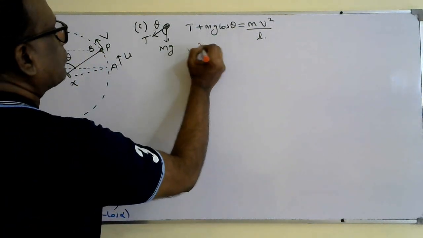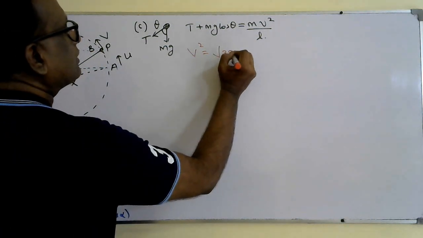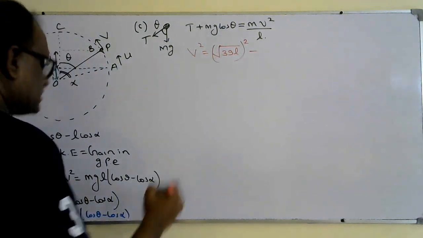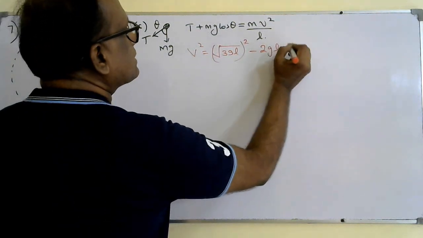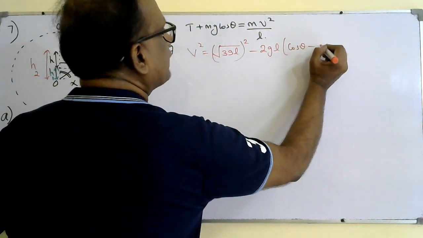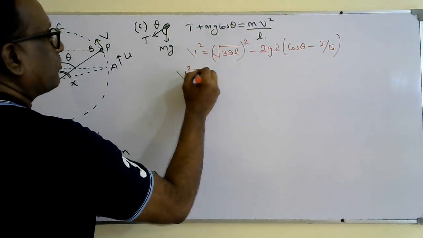So v squared equals, using this one, u squared 3gl minus 2gl (cos theta minus cos alpha 2 by 5). We already did this. Solve it and get the expression for v squared.